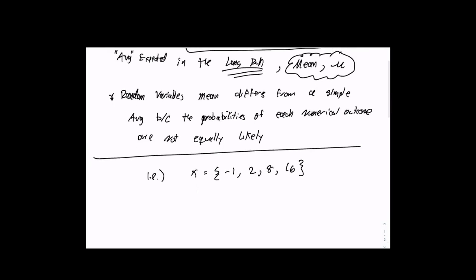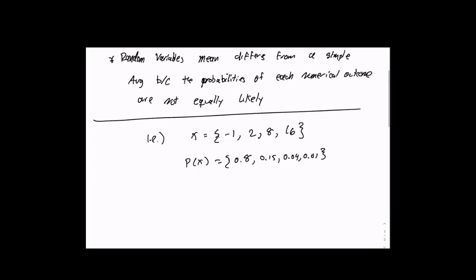When calculating the mean, the idea here is we know that the probabilities of these x's were 0.8, 0.15, 0.04, and 0.01. And so these probabilities were not equally likely.